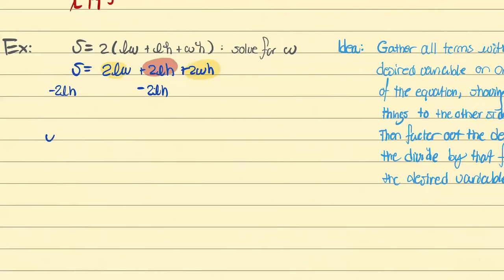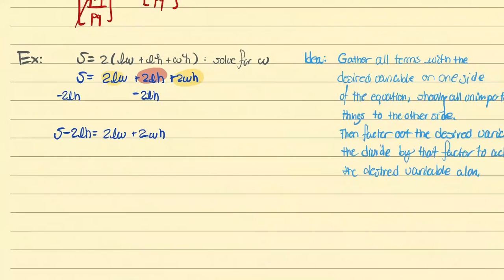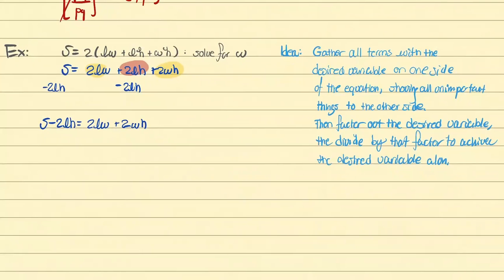So on the left-hand side, I have S minus 2 times L times H, and on the right, 2LW plus 2WH. So I've achieved most of the guidelines now. I have all the terms that involve the variable that I want on one side of the equation, and all the things that don't involve the variable on the other side of the equation.